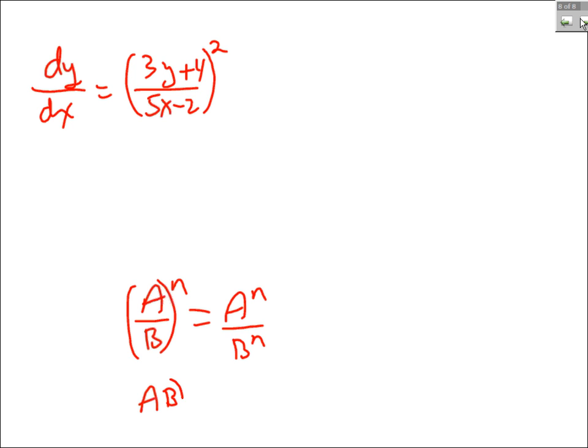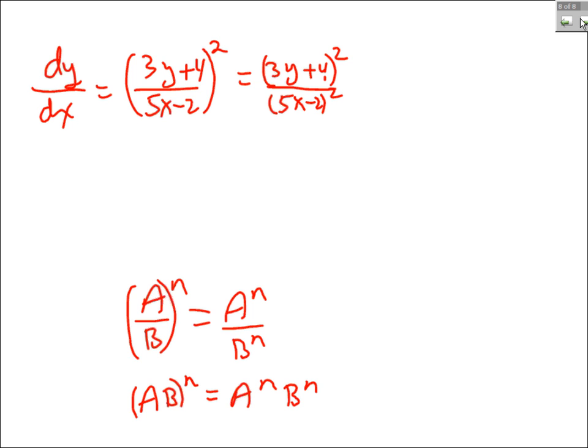Just like when you're multiplying a product and raising it to the nth power, you can raise it to the nth power first. That is, this is 3y plus 4 squared, just y's, over 5x minus 2 squared, just x's. That sounds pretty simple then.